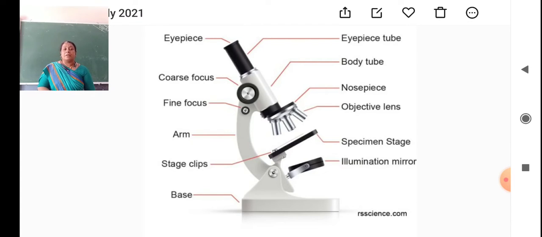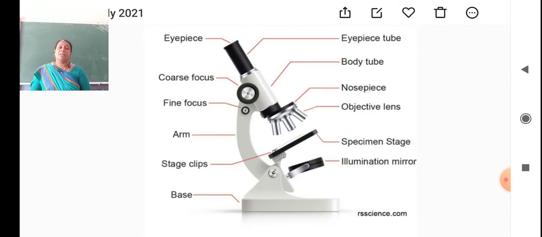All the functions are performed by a single cell in a unicellular organism. That's why it is called the structural and functional unit of life.